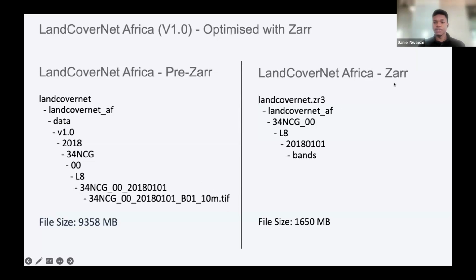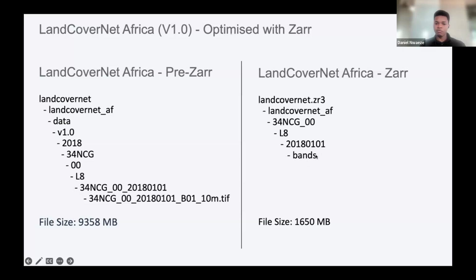Now let's look at the Zarr implementation, where you have a packaged .zarr3, which is the file format of the Zarr3 implementation. Then you have LandCoverNet Africa, and it brings everything together: the chip, then the satellites, the date time, and the different bands. The different bands are wrapped in a Zarr array called bands.